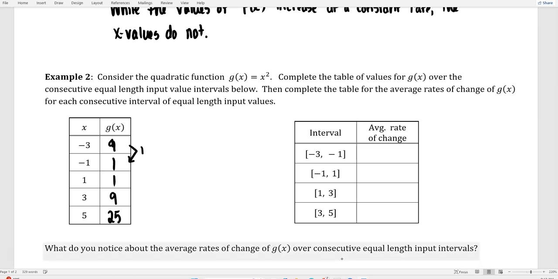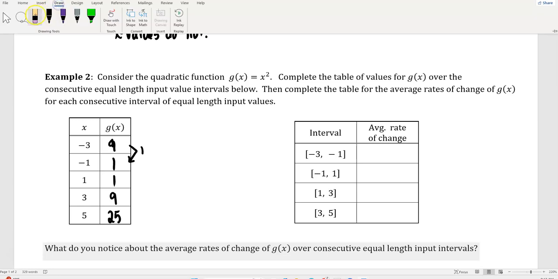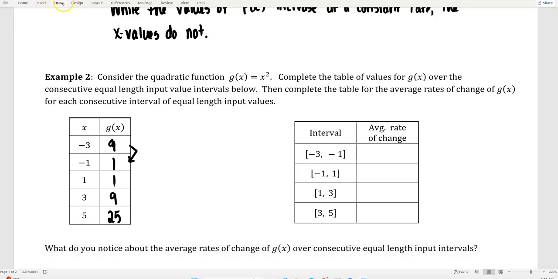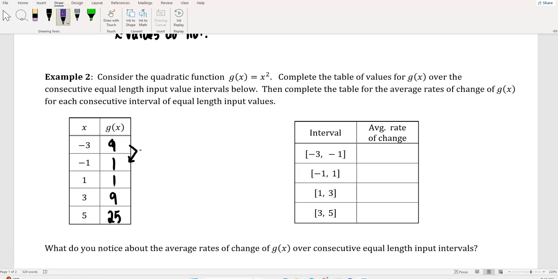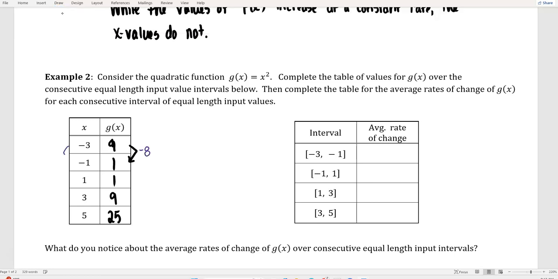That went down 8. And then my x values went up 2. So I'm going to have a slope of -8 over 2. So I'll get -4 as the average rate of change there.